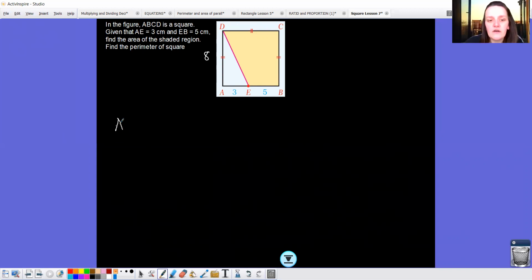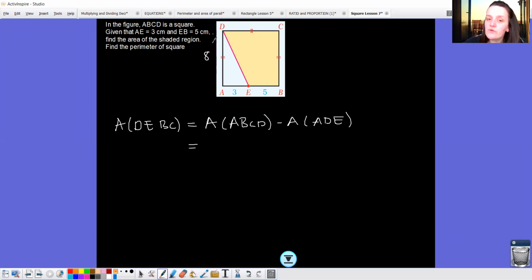So the area of the shaded region, which is DEBC, will be equal to the area of the whole square ABCD minus the area of the triangle ADE. If we know the sides of the square, we can find its area, which will be 8 times 8 minus the area of the triangle here.